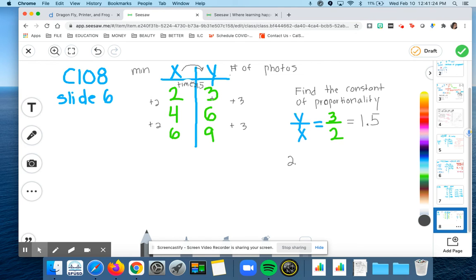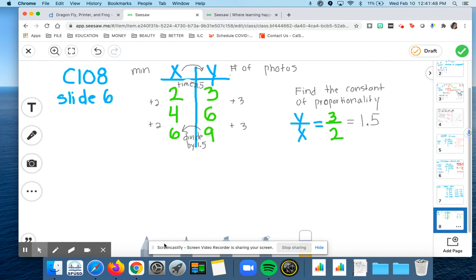Now, what's the opposite of times or multiply? Divide. So if I want to go from y to x, I divide. If I wanted to go this way, I'm going to be dividing by 1.5. Check it out in your calculator. You'll see divide by 1.5.